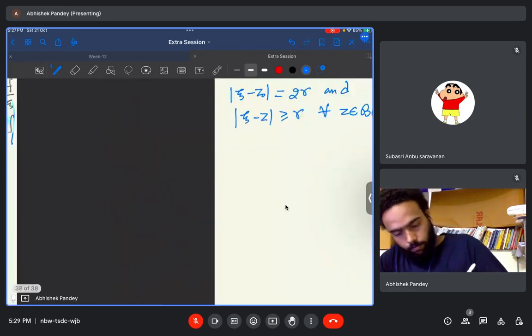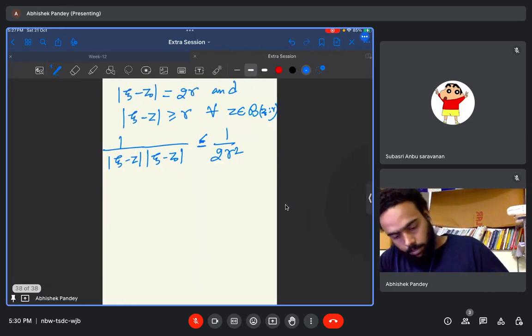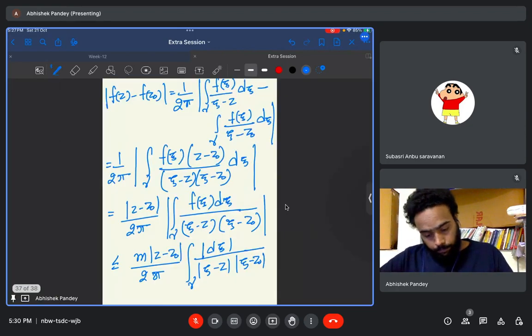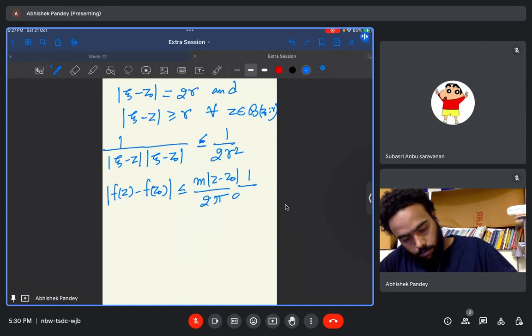So 1 upon modulus of (xi minus z) into (xi minus z naught) is less than or equal to 1 upon 2R square. So this we are going to use here. So this gives that modulus of f(z) minus f(z naught) is less than or equal to M mod of z minus z naught upon 2 pi, and 1 upon 2R square integral over gamma mod d xi.